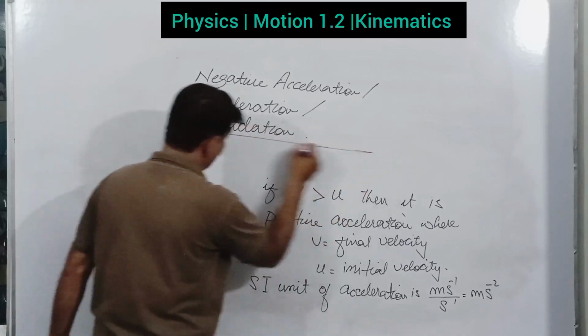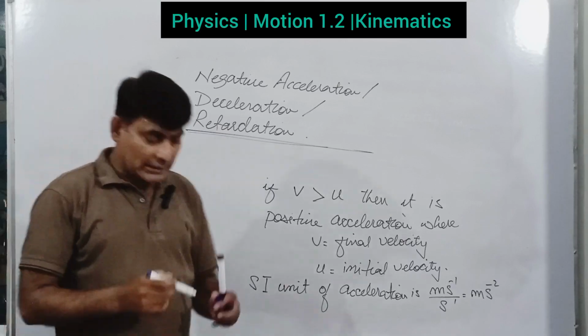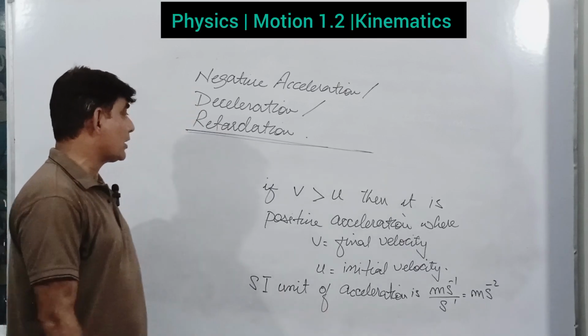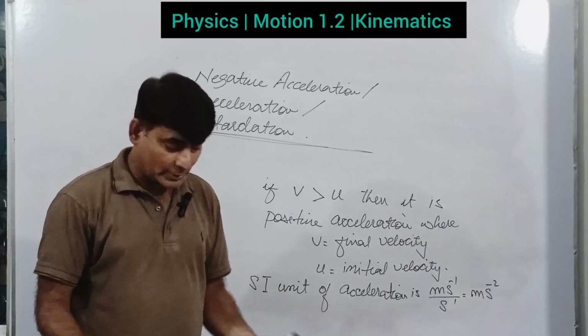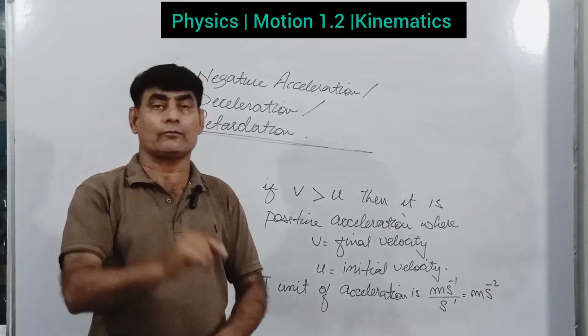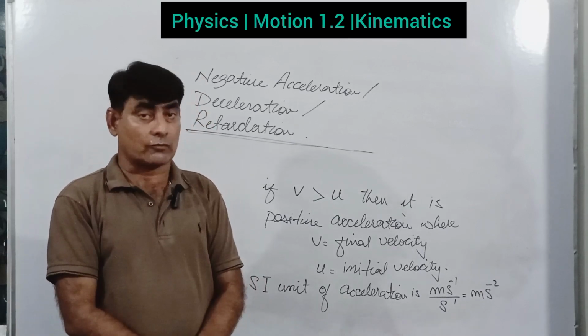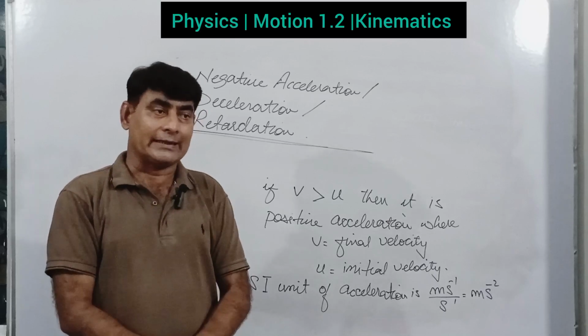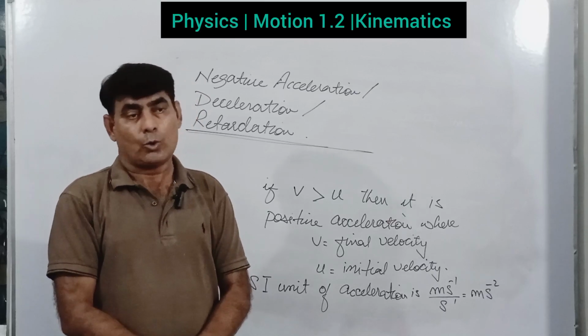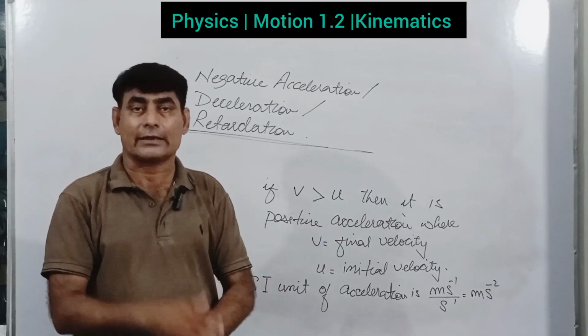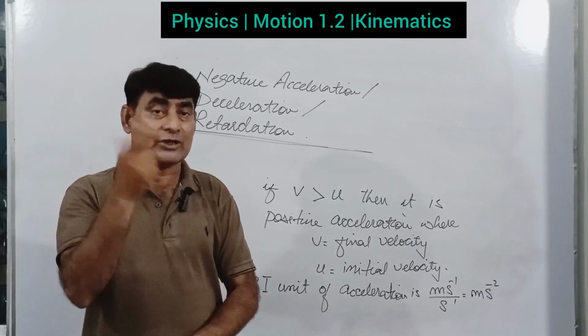Now, a negative change in velocity in a unit time. Negative change, what does it mean? The initial velocity is greater than the final velocity. A negative change in velocity.